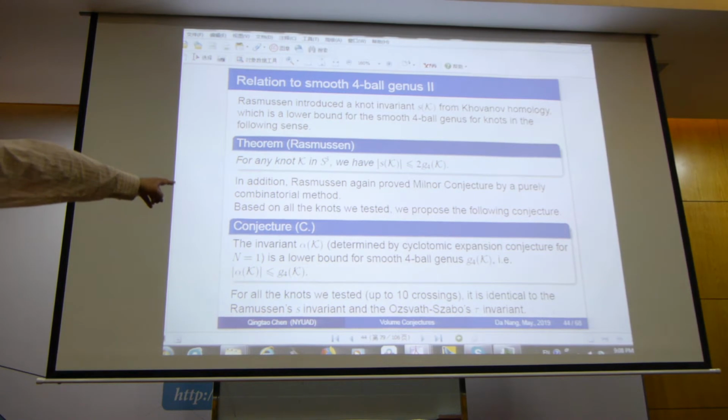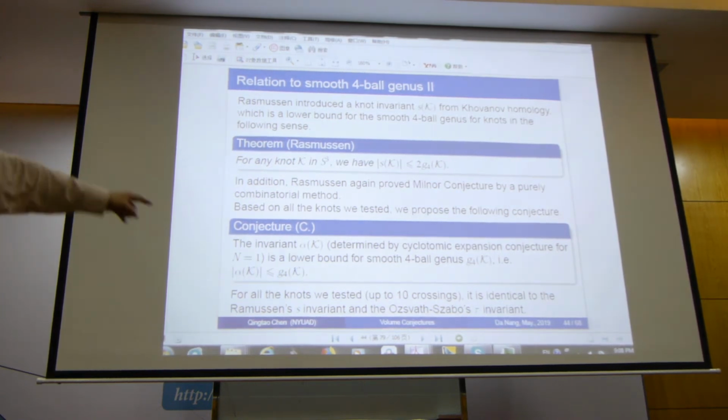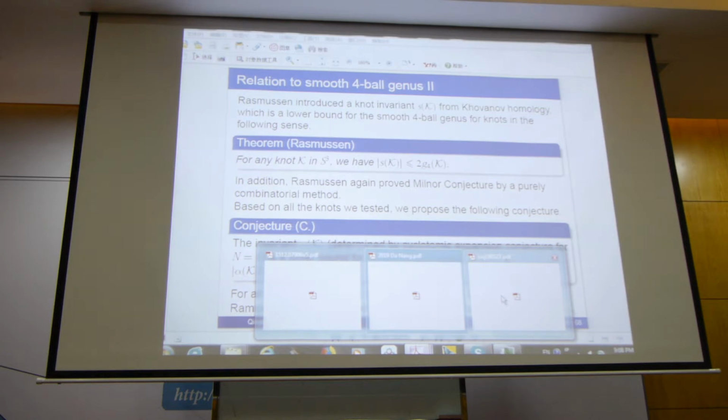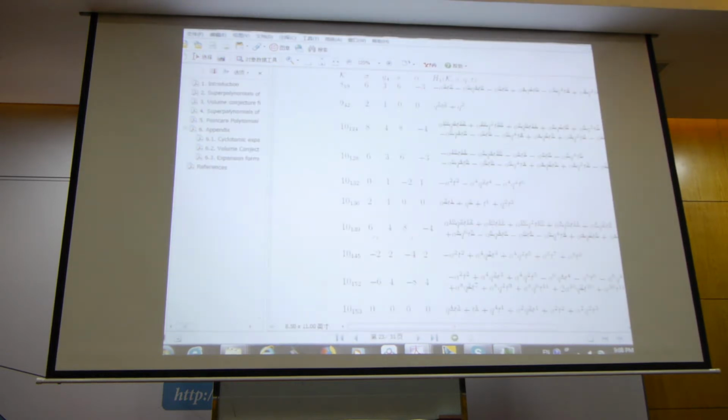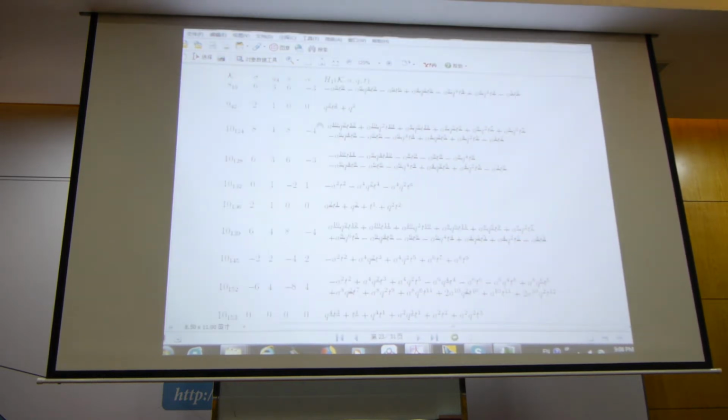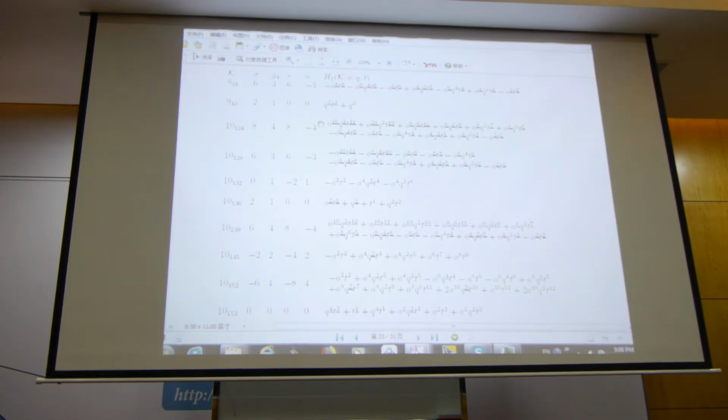At least up to 10 crossings, I checked all the results. So it's identical to the S and the tau invariant. So you can see here the S invariant. This is some result for the S invariant. And the H1K, I checked all the so-called homologically thick knots: 8_19, and then 9_42.